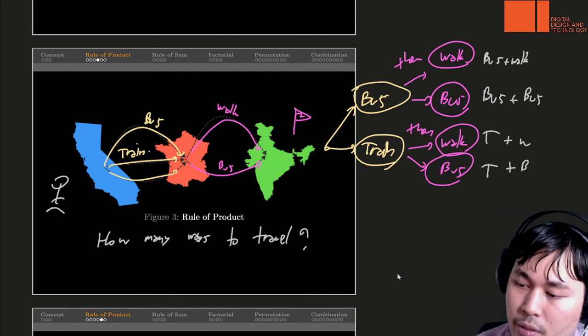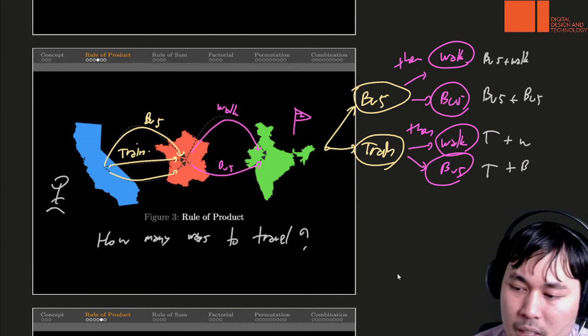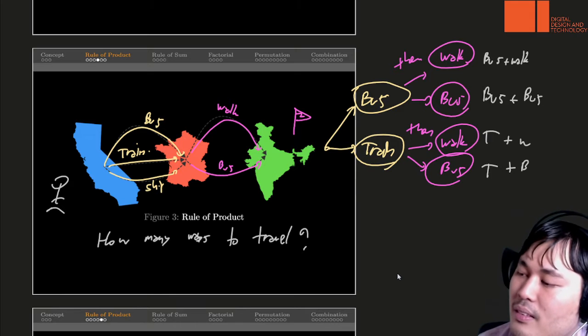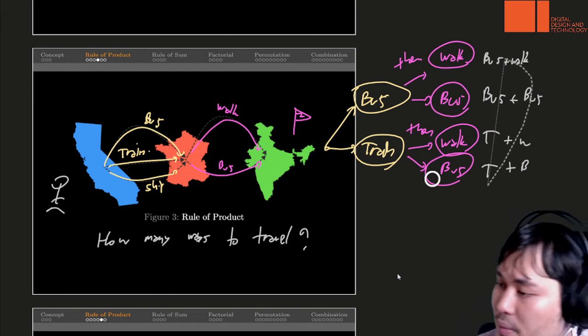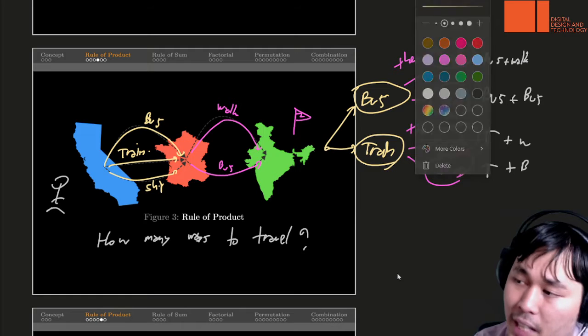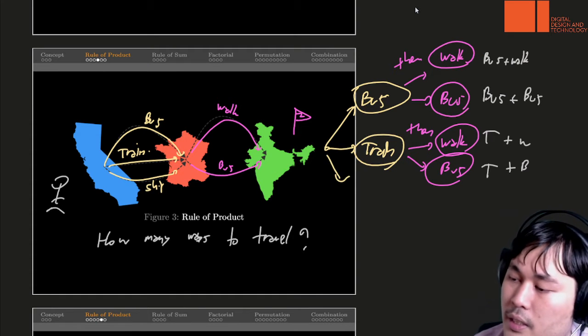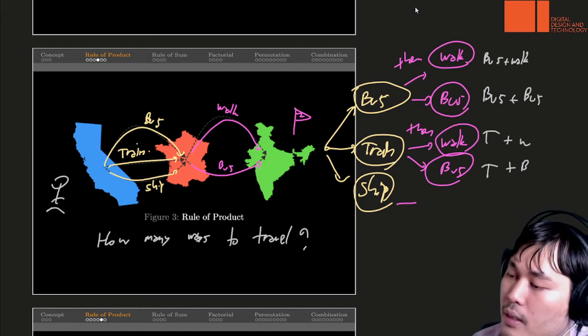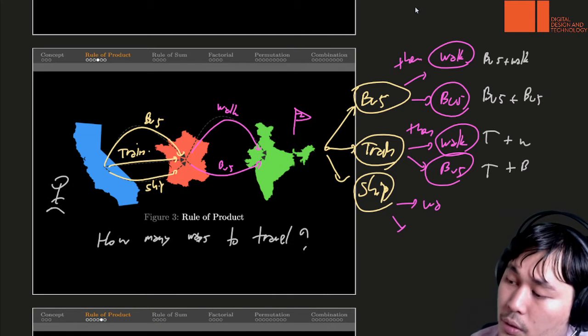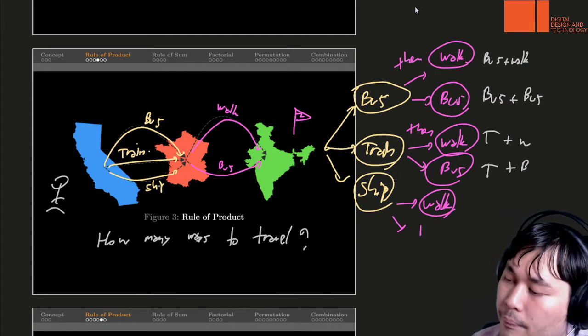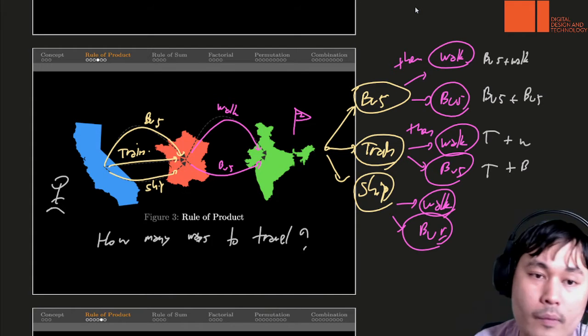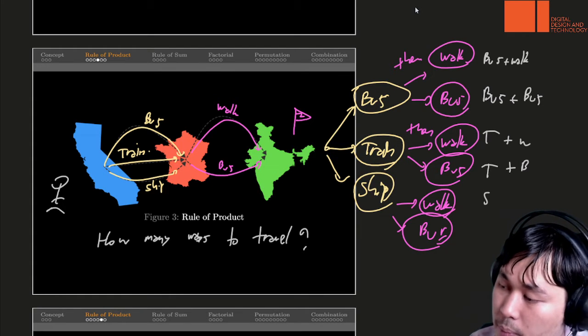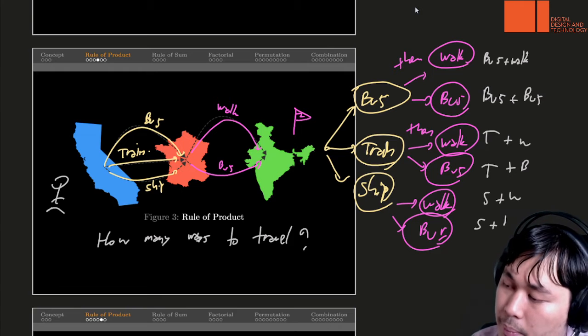Let's not use the boat, and let's use the ship then. So how many ways are there now? 4 ways. And lastly, we repeat with the ship. If you start from the ship, then that's 2 ways for the second half. And then we have ship, then walk, and then ship, then bus.